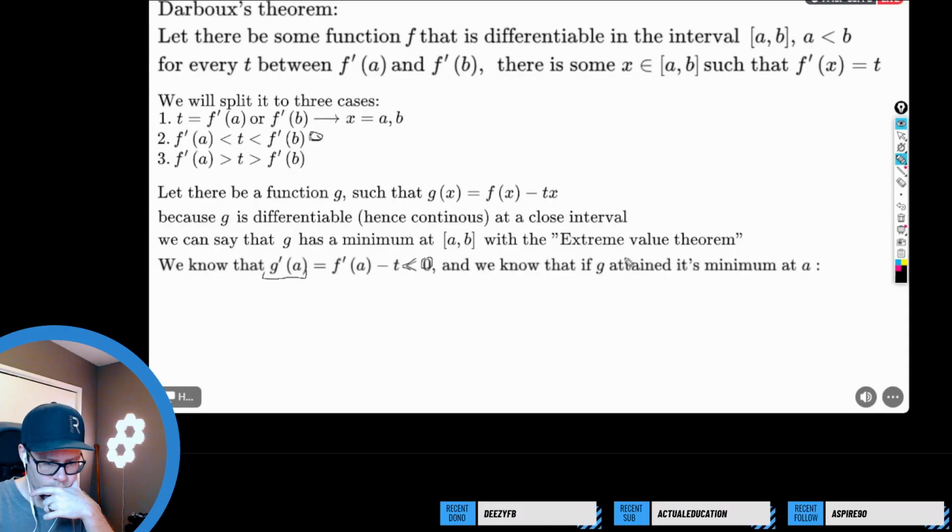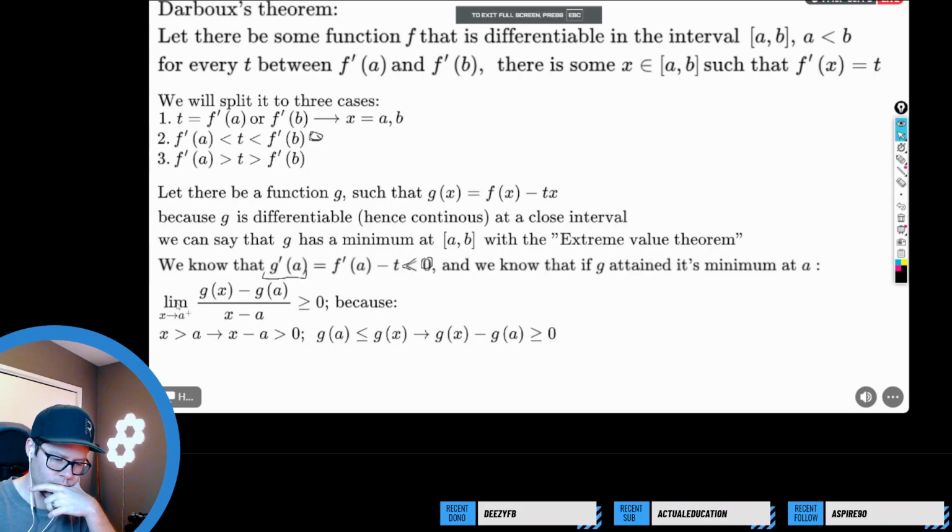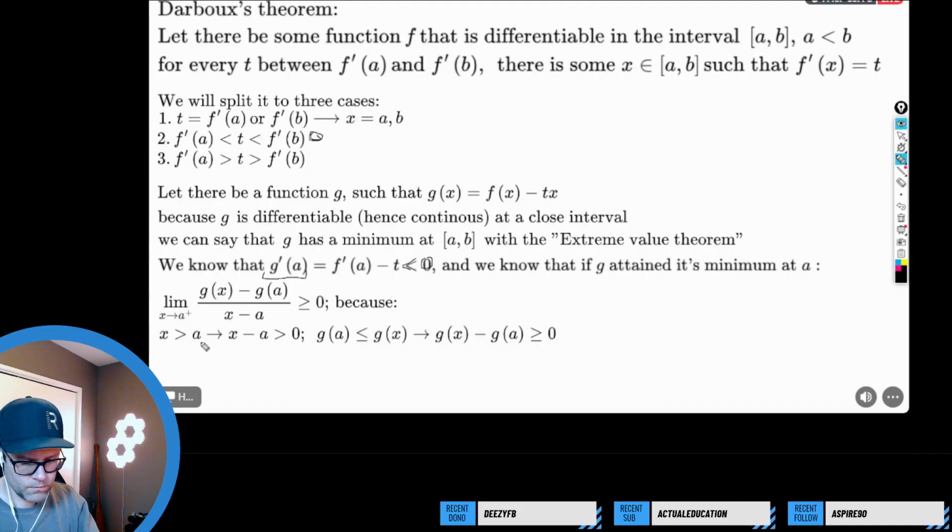But we also know that if it had a minimum at a, and we take it from the right, g of x minus g of a is larger or equal to 0, and x is larger than a because we take it from the right.